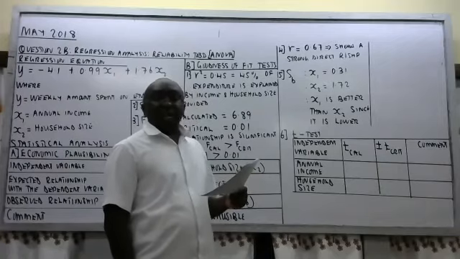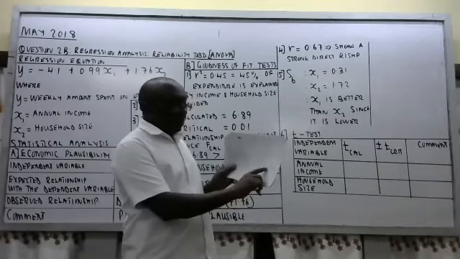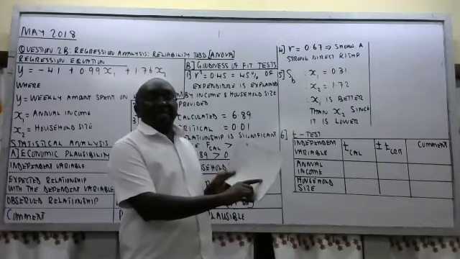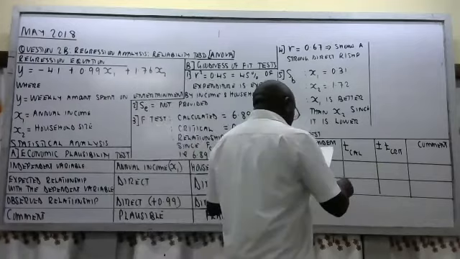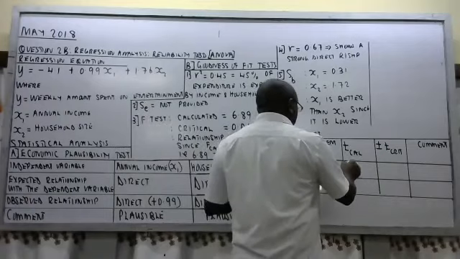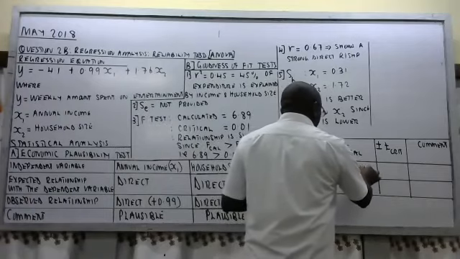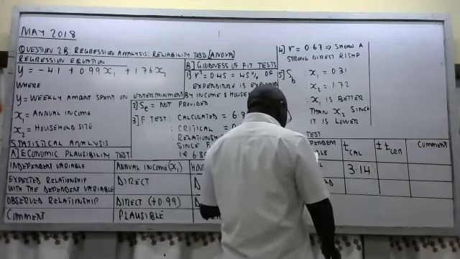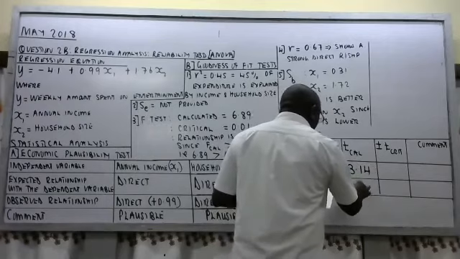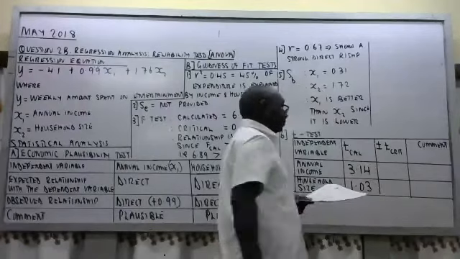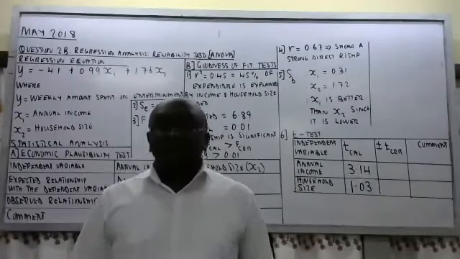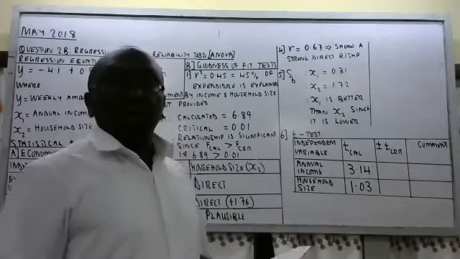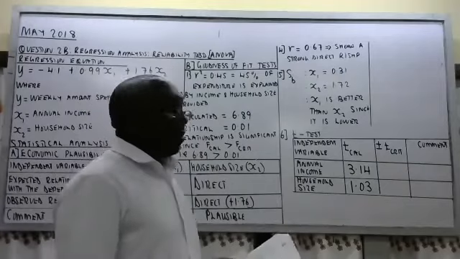The t calculated is what in this table is written as t start. Those are the t calculated. So for the income, it is 3.14. And for the other one, it is 1.03. I hope everyone is able to read those values.